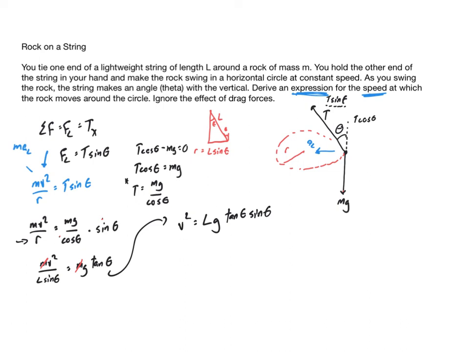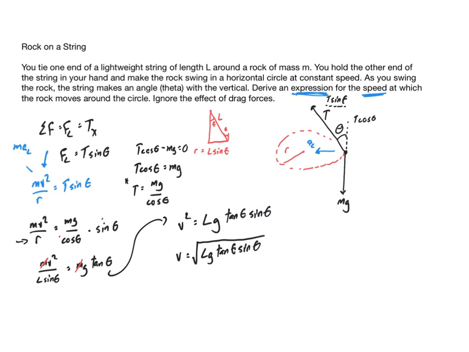And if we stick that in the calculator, it looks just like it's supposed to. So then I take the square root of this, so v is equal to the square root of Lg tangent theta sine theta.